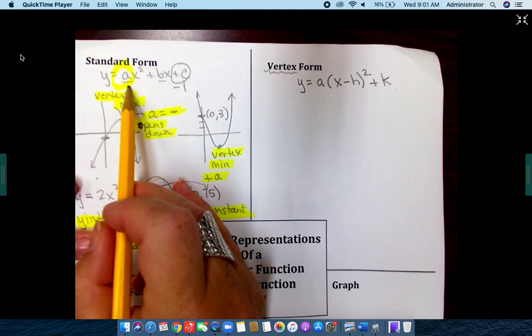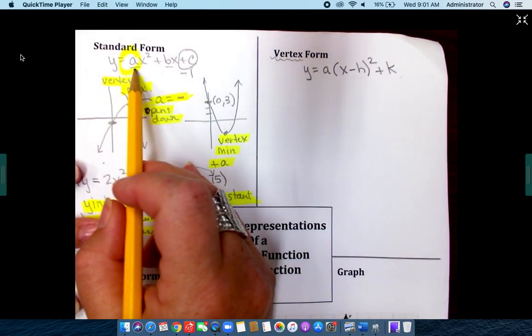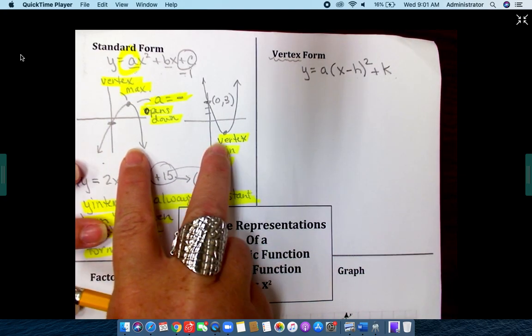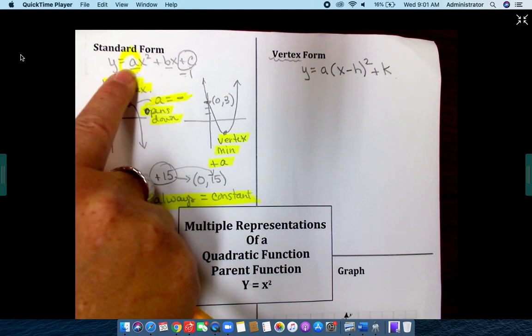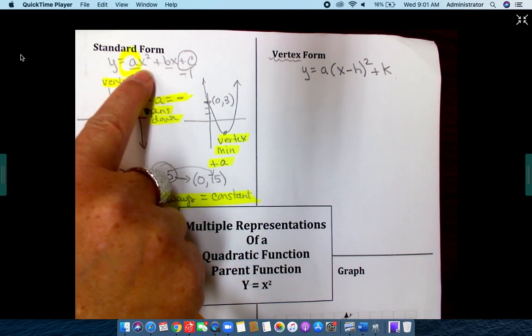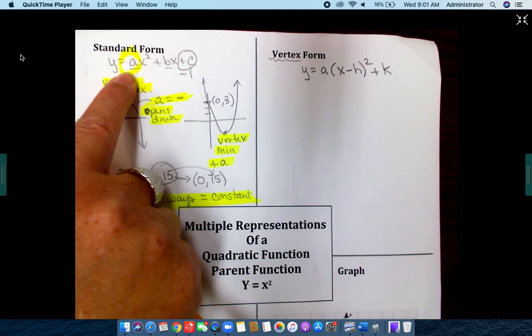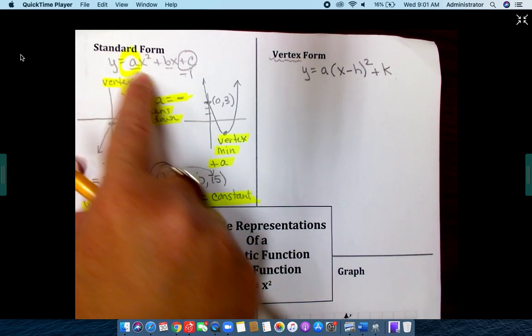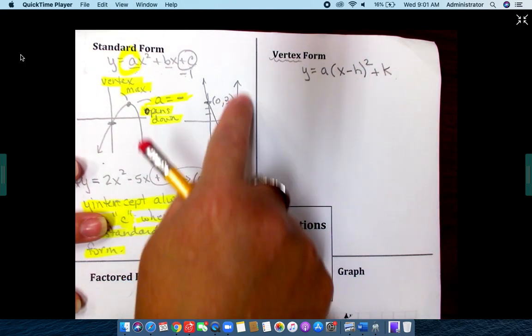We have an a over here in standard form, and we talked about the significance a plays in whether the graph opens up or down. We talked about that if a, the leading coefficient of the quadratic term, is negative, then our parabola would always open down. And if our a value is positive, it will always open up.